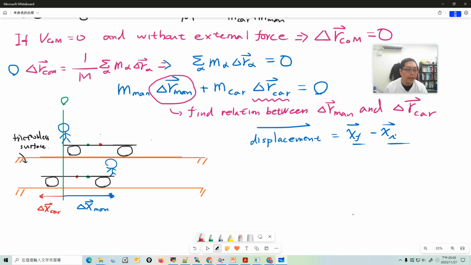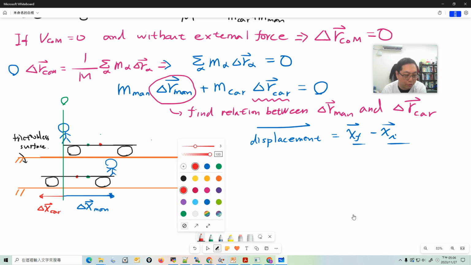And just go back to this problem. I want to find the relation between the displacement vector of the man and of the car. From this graph, can we find a relationship between delta x car and delta x man? Actually, it's very difficult to see. So let's review.